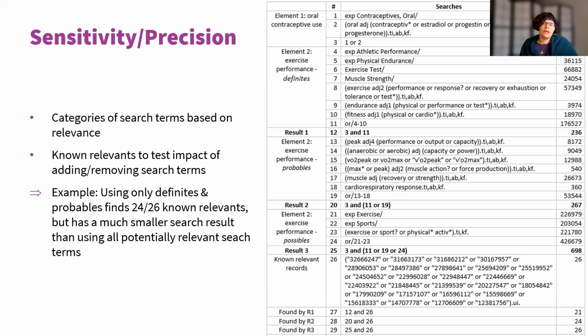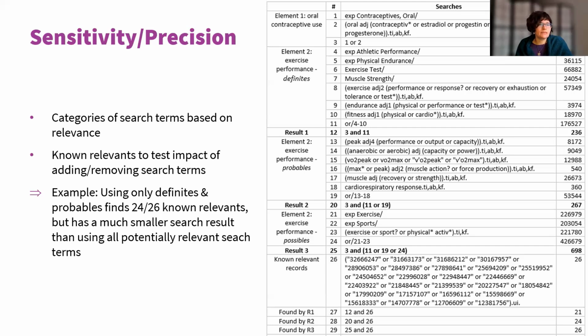So in a rapid review, we then can consider saying, okay, if I use only these 2 sets of more highly relevant search terms, I still find 24 of the 26 studies I already know, which is probably good enough for a rapid review.